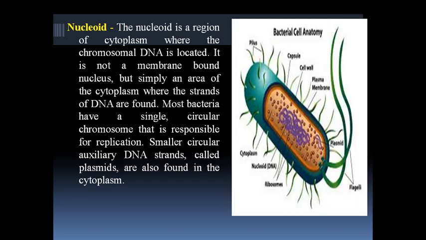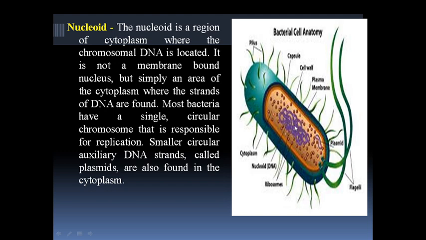Next, moving on to the nucleoid. The nucleoid is a region of the cytoplasm where the chromosomal DNA is located. You can observe in this diagram, this is completely the cytoplasm, right? Inside the cytoplasm, this is the nucleoid. This is the area, the region in the cytoplasm where the chromosomes, means DNA, are located.